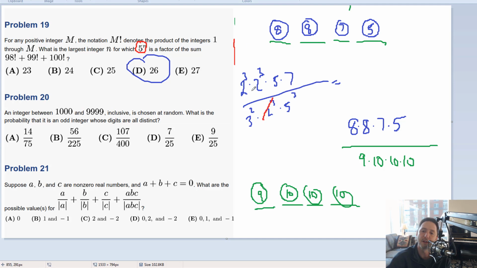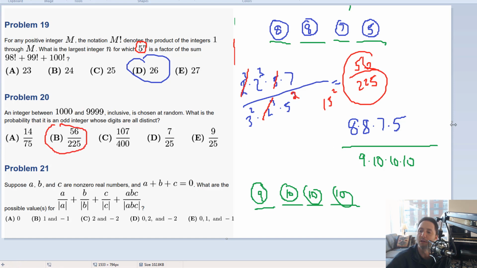This 2 cubed cancels out with this 2 cubed. 1 5 here makes that 5 squared. And I think that's it. So it looks like our numerator is 8 times 7. Looks like 56. So it's probably going to be this answer here. Our denominator is going to be 3 squared times 5 squared, which is also 15 squared, or 225. Okay? So it's definitely going to be B.